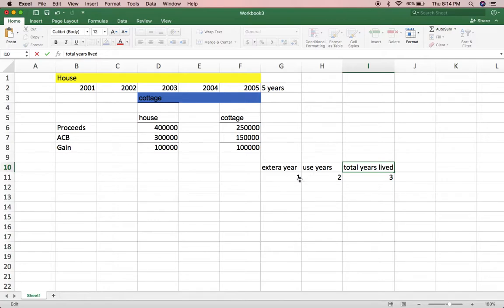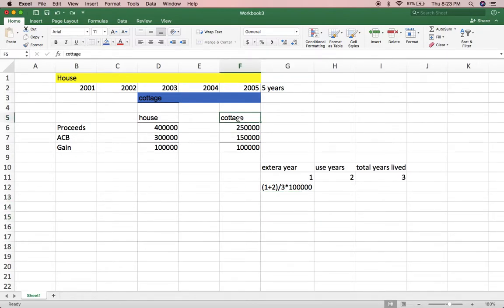So that would be 1 plus 2. The formula is this: 1 plus this 2, divided by total years lived, 3, and times it by the gain. That is the formula. Okay, so this is the cottage.